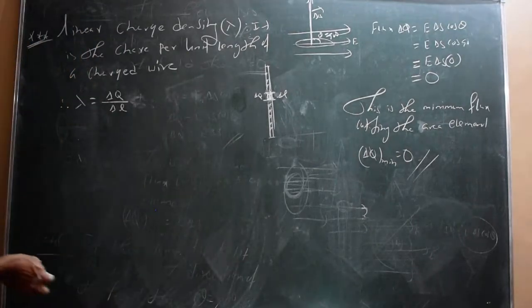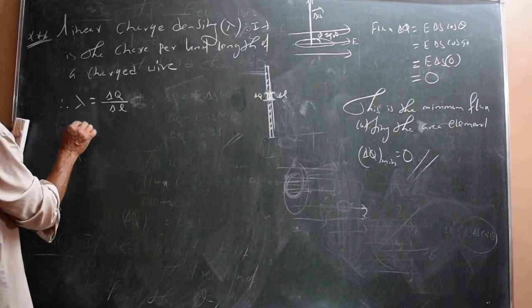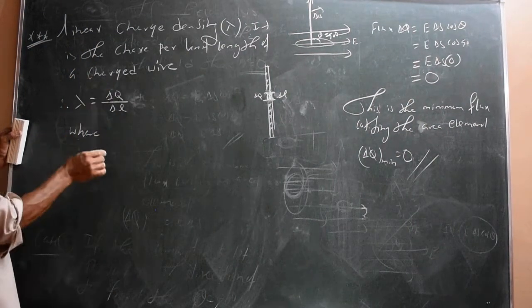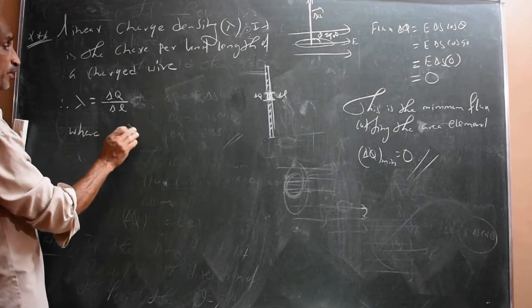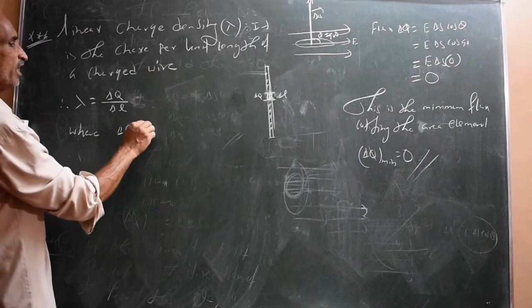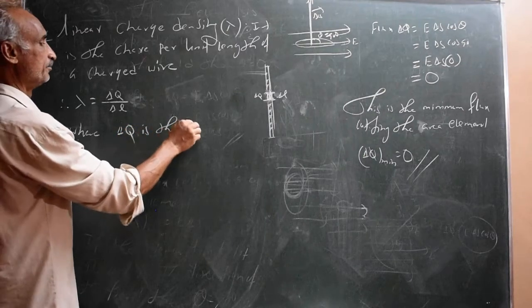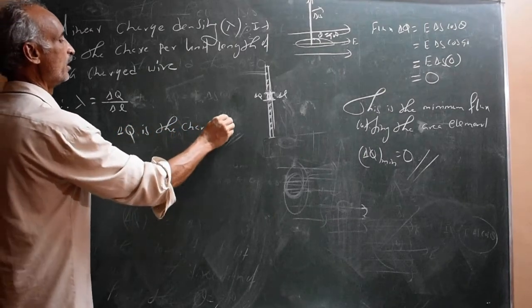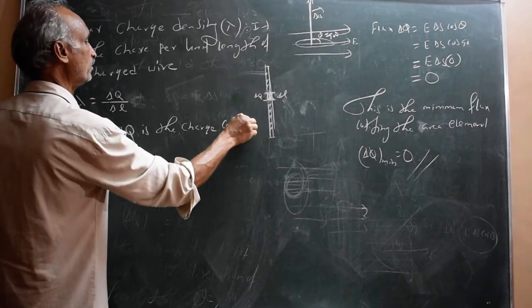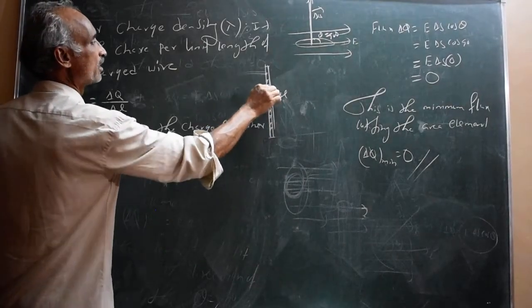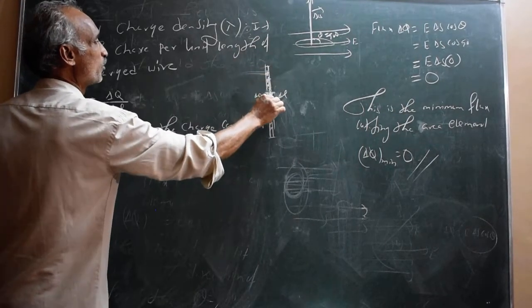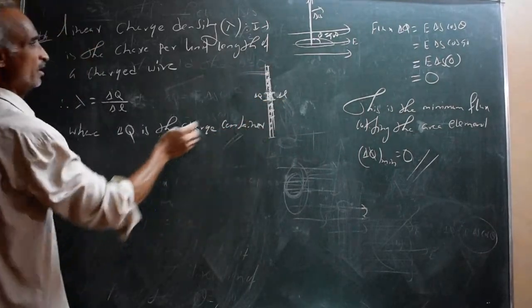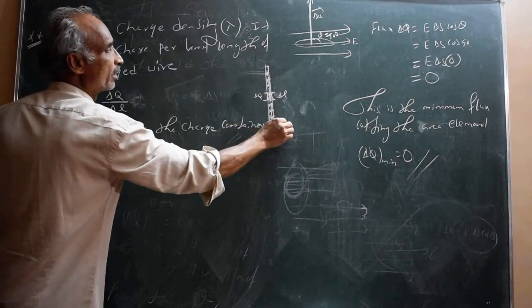This is the technical interpretation of delta L and delta Q. Delta Q is the charge contained. The charge contained may be positive or negative.